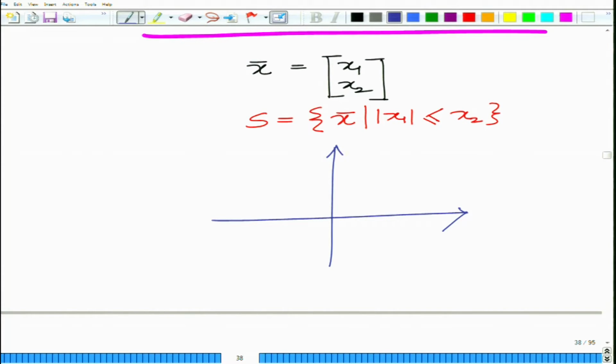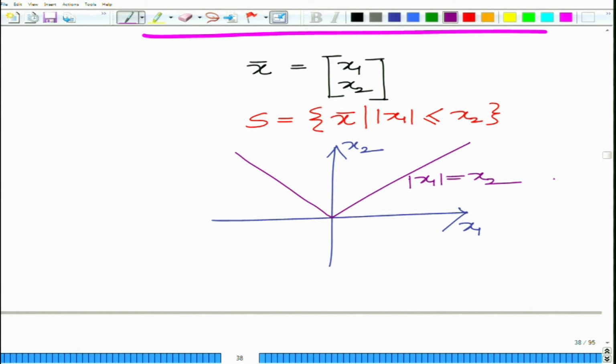This is your x1, this is your x2, and this line represents magnitude of x1 equals x2, or these two lines. So, this is magnitude of x1 equals x2.